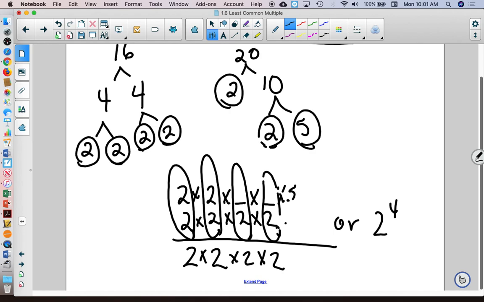What's this column? It's a column of 5's. It's not full, but it's a column of 5's. Now, if you multiply straight across this prime factorization, you will get your LCM for the numbers 16 and 20.